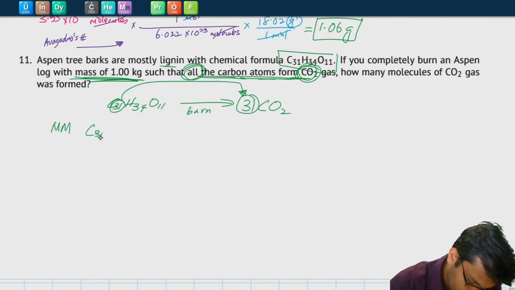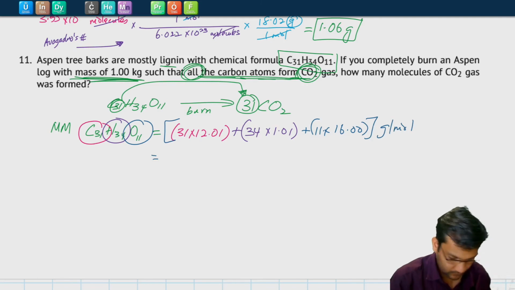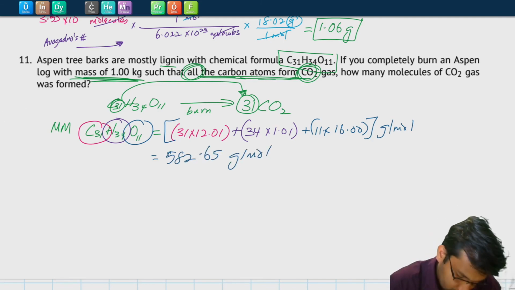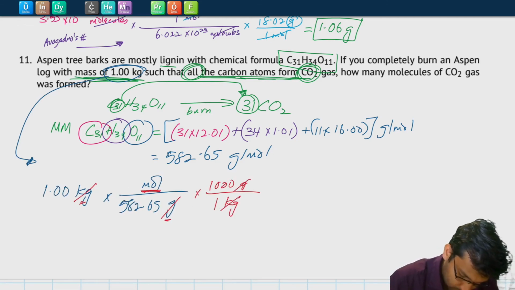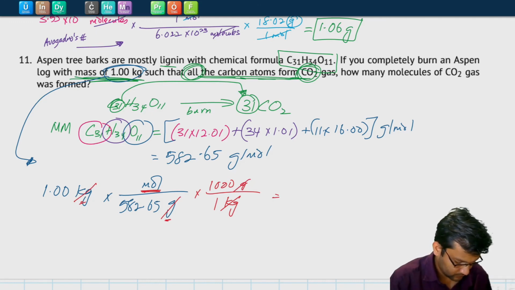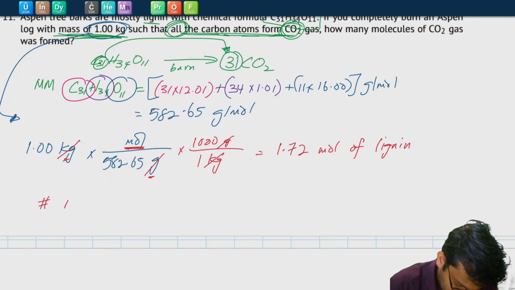And then for number 11, this is a little bit more difficult question. We have lignin that's burning to give carbon dioxide gas. So we have 31 atoms of carbon in lignin, which means we'll form 31 moles of carbon dioxide. As always, we need to find the molar mass of lignin by adding up all of the atomic masses. And this will help us to convert the mass of the tree bark, 1 kilogram, to number of moles.